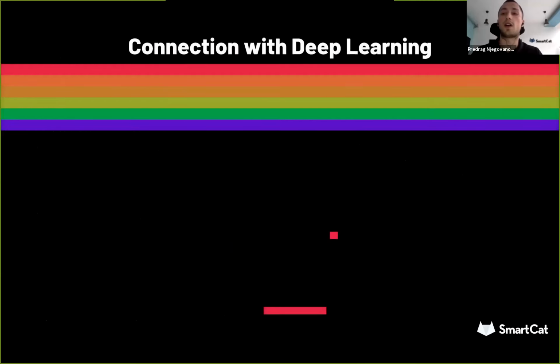So how did the connection with deep learning actually occur? Well, it occurred 7 years ago, back in 2013, when a research group from DeepMind published a paper called Playing Atari with Deep Reinforcement Learning. They used Q-learning and approximated it with neural networks. Actually, those were convolutional neural networks, and that was a kind of boom.